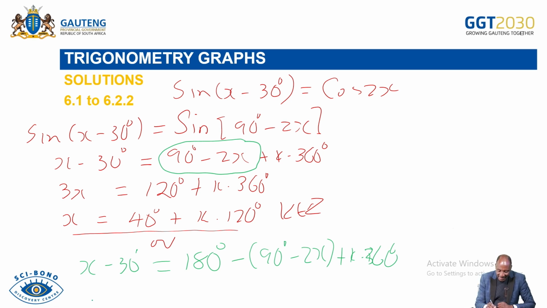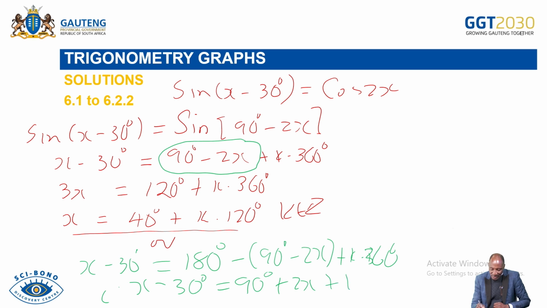We get x minus 30 degrees equals 180 minus 90, which is 90, and positive 2x. Then plus your period, k times 360 degrees.